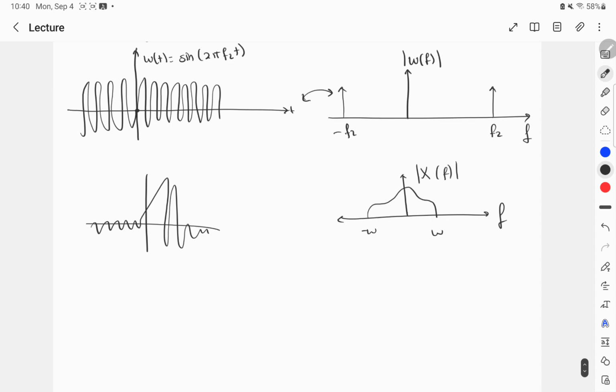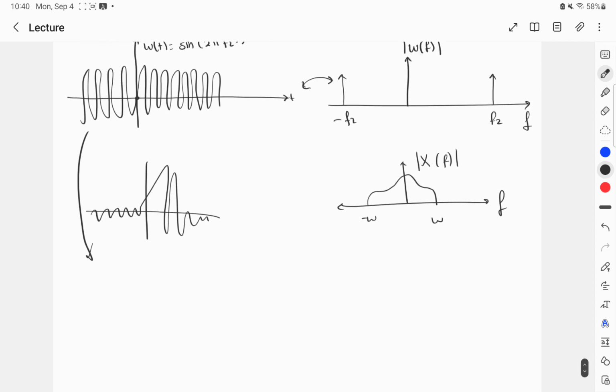Now, let me explain to you about the phase that I mentioned here. Here, we can write this sine wave as such, right? e to the power of 2j pi f2 t minus e to the power of minus 2j pi f2 t.